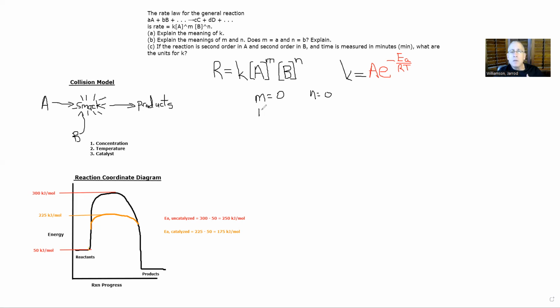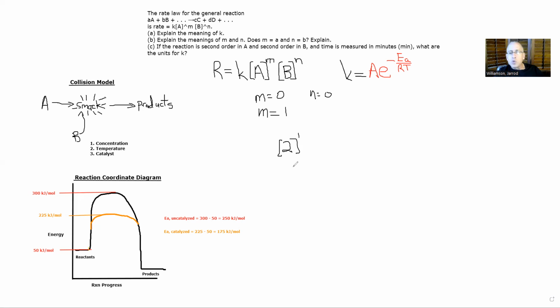If M happened to be equal to 1, remember this has to be determined experimentally, that tells you if you double the concentration of A, you would have 2 to the 1 power: the reaction rate doubles.